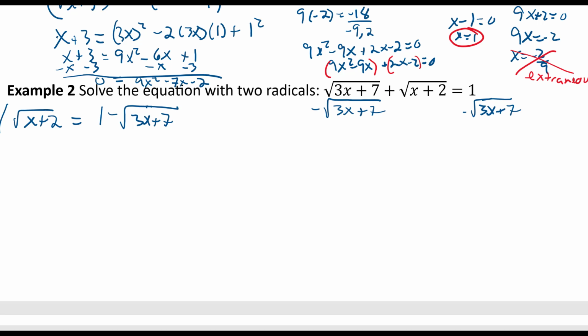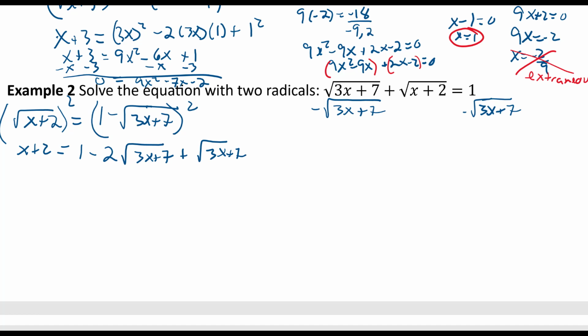So now if I square both sides, I get x plus 2 equals 1 minus 2 times the square root of 3x plus 7, plus this part, the square root of 3x plus 7 squared. So we have x plus 2 equals 1 minus 2 root 3x plus 7, plus 3x plus 7.